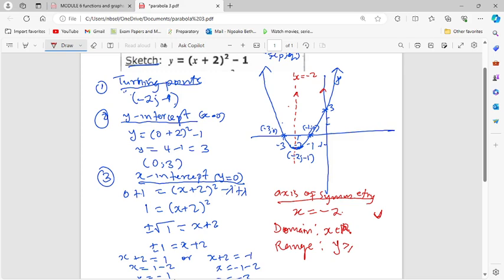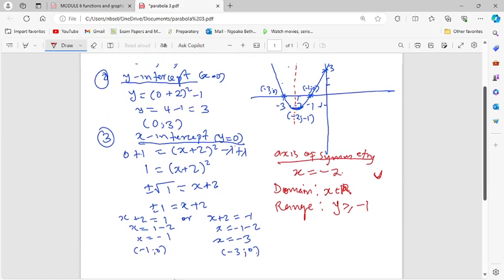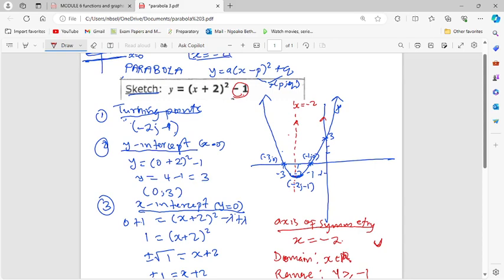So what is the value of y here? It is minus 1. So it's supposed to be greater or equals to the value of q, which is this one. So it's minus 1.